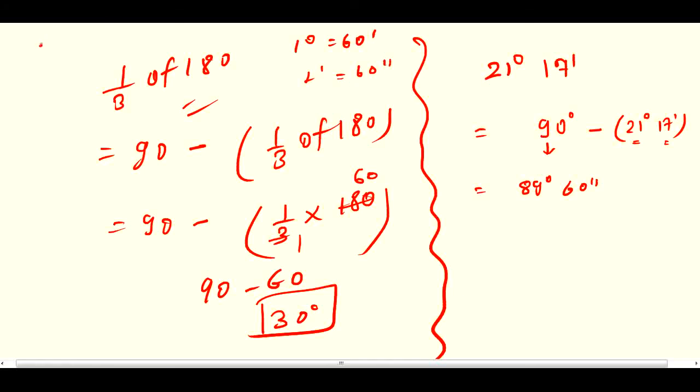This is the representation of degree, this is for minute and this is for second. So subtract 21 degrees 17 minutes from 89 degrees 60 minutes. You will get 43 minutes, and 89 minus 21 is 68. 68 degrees 43 minutes will be your required answer.